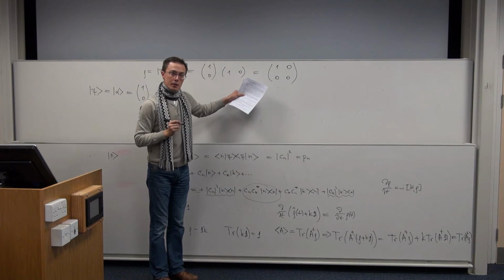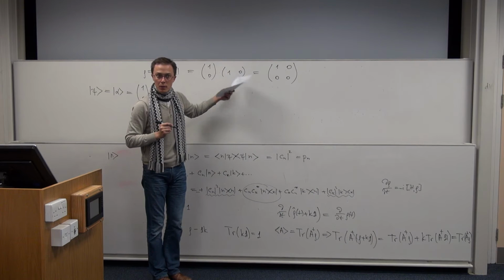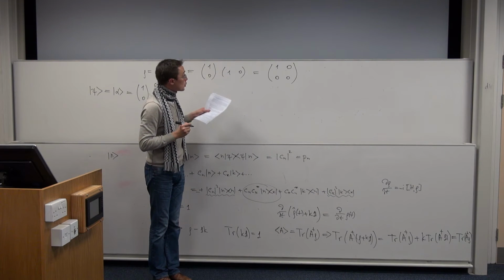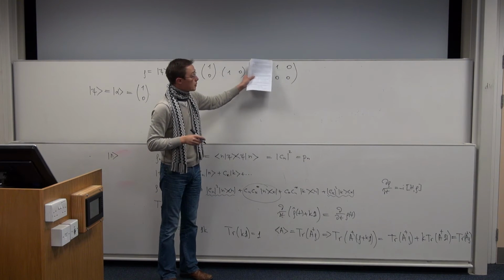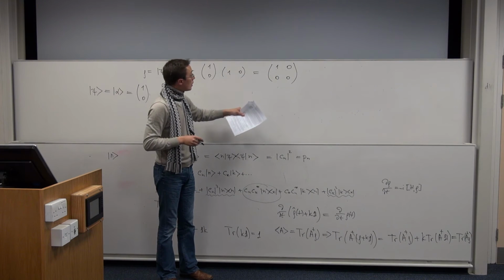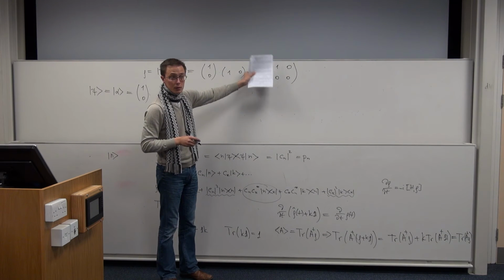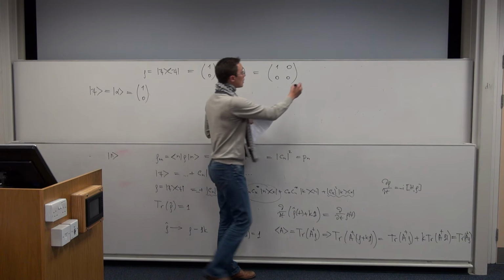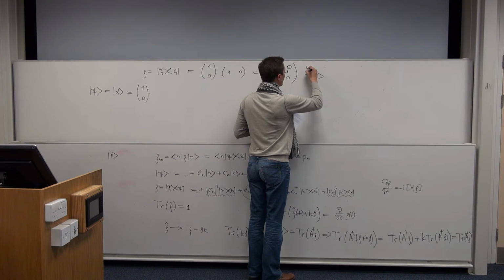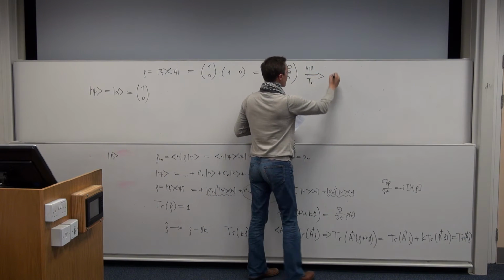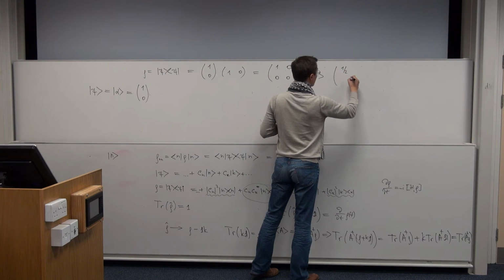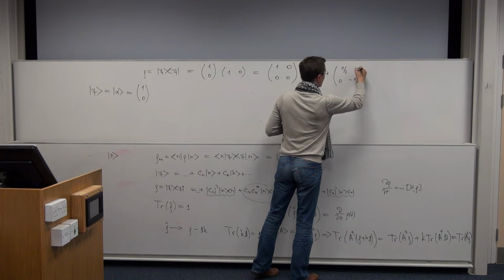This is not traceless. So remember that we need to kill the trace. And to kill the trace, we need to subtract a little bit of unit matrix out of here. If we subtract 1/2, 1/2, the result will be traceless, and so we kill the trace. 1/2, minus 1/2, 0, 0.